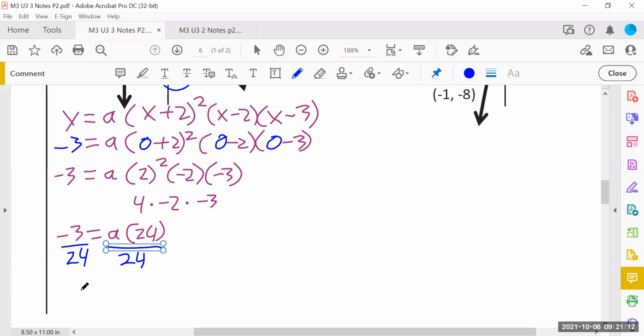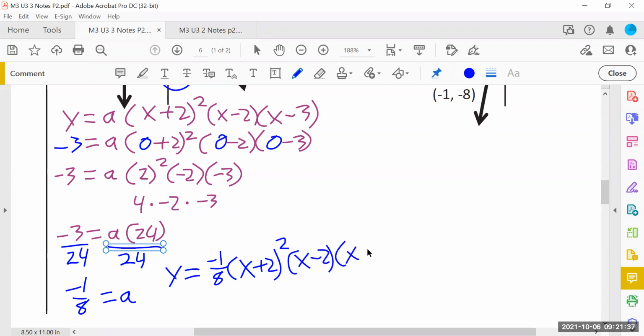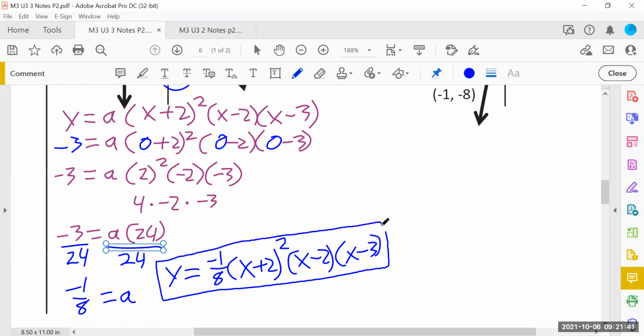Does that make sense? 3 goes into 24 8 times. So this is -1/8 is my A value. So my final answer is taking that and plugging it back into A. Y equals -1/8 times x plus 2 squared times x minus 2 times x minus 3. There is my answer.